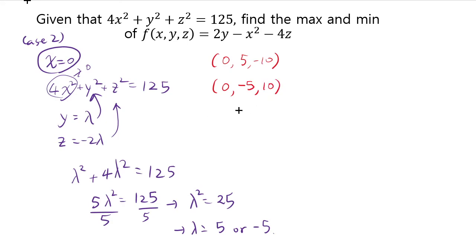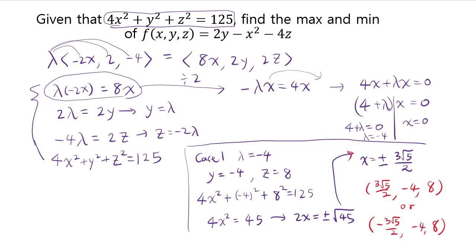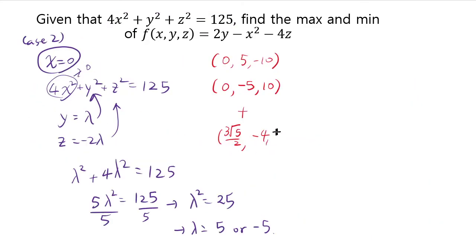Okay, now in addition to what we have here, we will also investigate 3 radical 5 over 2, negative 4, positive 8, and then negative 3 radical 5 over 2, negative 4, positive 8. So these are all the possible solutions.